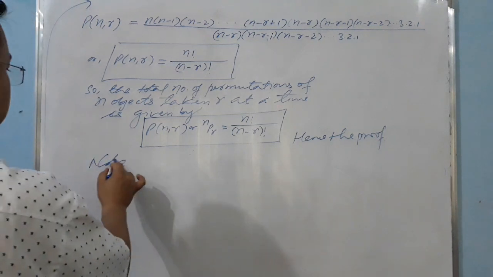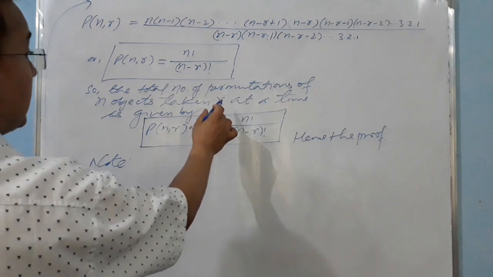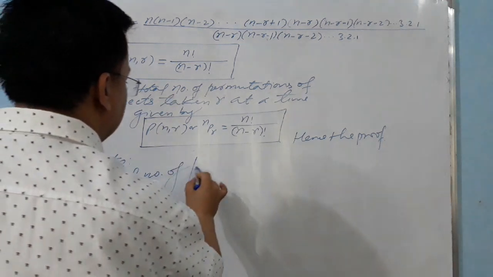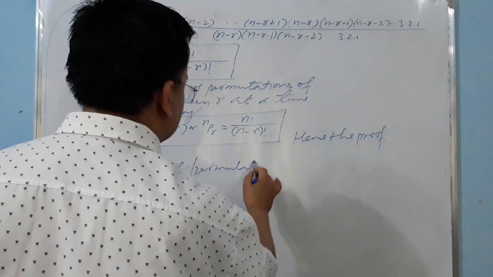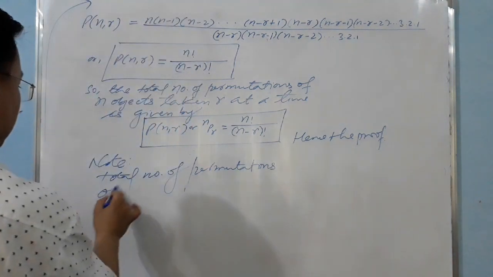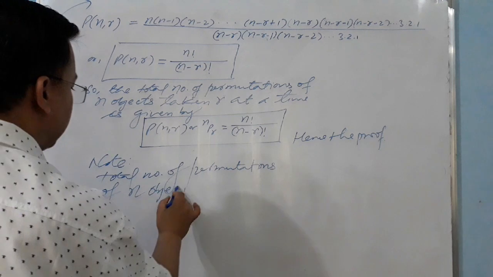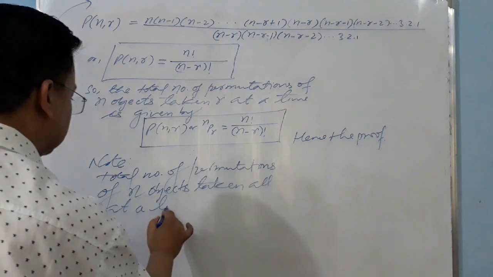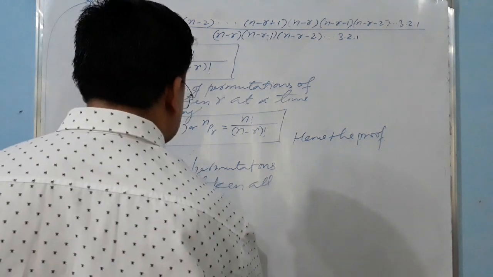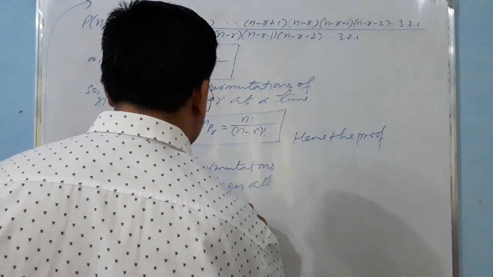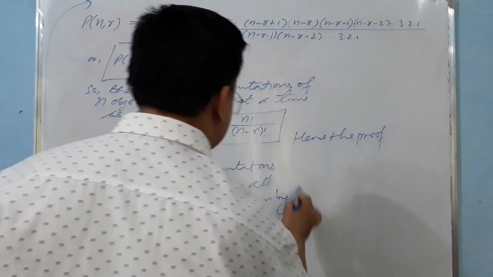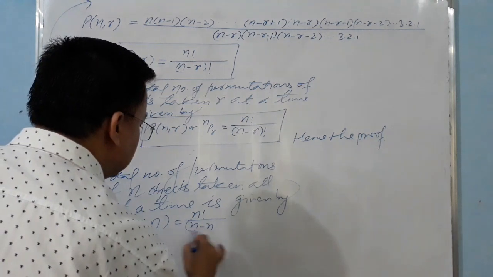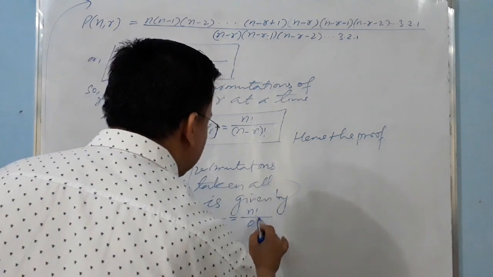Note down one thing. If we take all n objects, r equal to n, taken all, then the total number of permutations of n objects taken all at a time is given by n factorial upon n minus n factorial, which is n factorial upon 0 factorial.